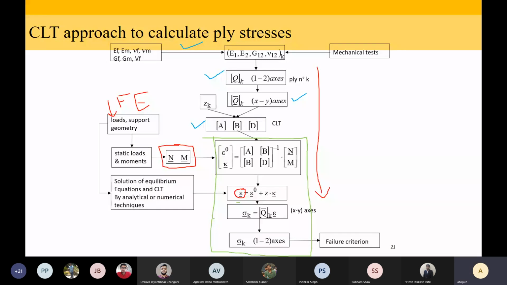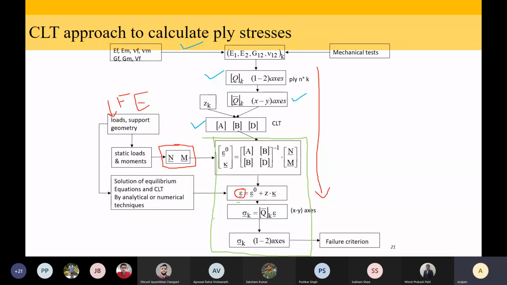Is this clear? Is this flowchart clear? Now with this, do you have better appreciation of what you are doing in your term project and why you are doing it? Yes, sir. Does anybody have any doubt? Please have a look carefully. This is important to understand.